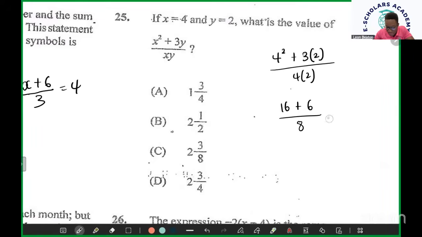So 16 plus 6 will be 22 over 8. 8 can go into 22 2 times. 8 twos are 16, how much to get to 22? 16 and 6, so 6 over 8. 6 divided by 2 is 3, 8 divided by 2 is 4. So 2 and 3 over 4, which is D.